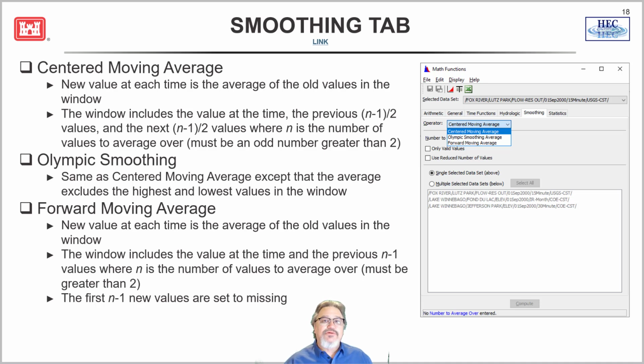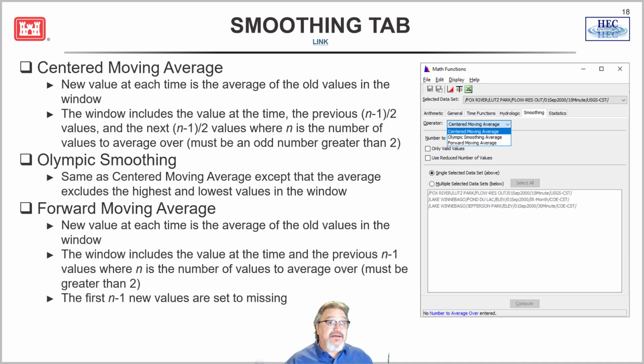One way to lessen the drawback of using a centered moving average or Olympic is to check in the operator specific area, not use only valid values. Hopefully you'd want to do that because you don't want to include bad values in your averages. Hopefully, but to check use reduced number of values.